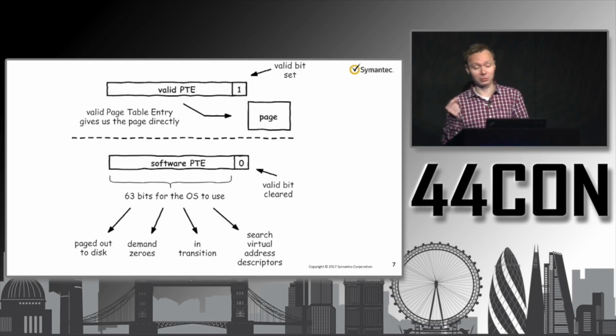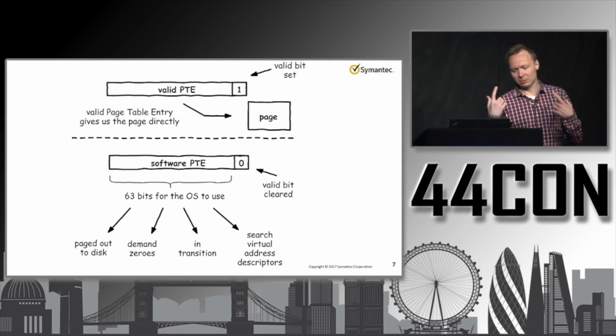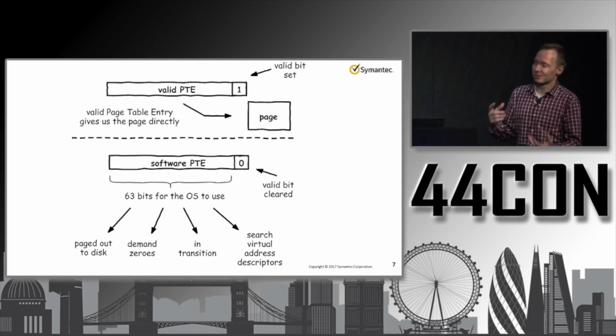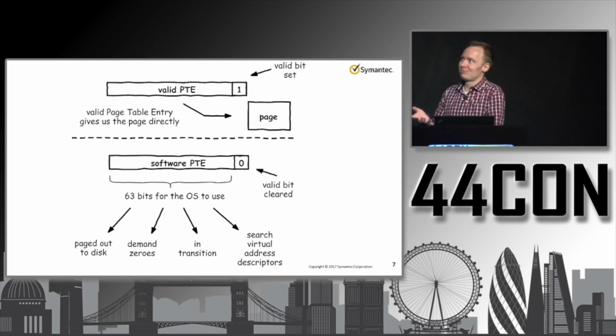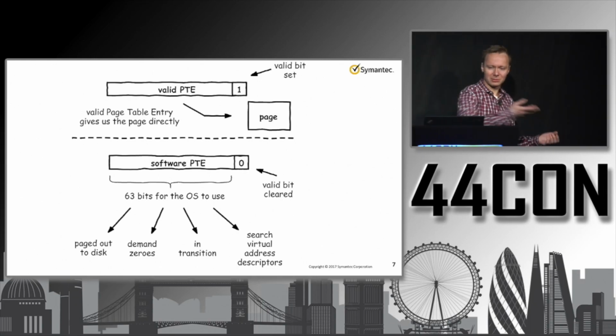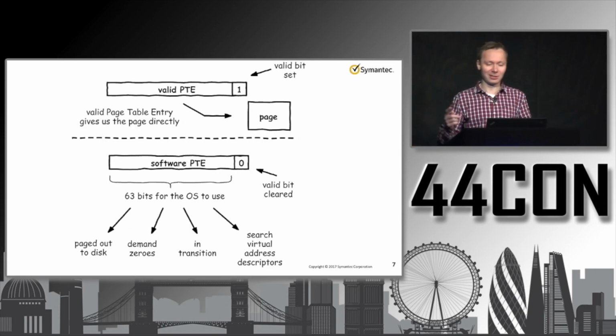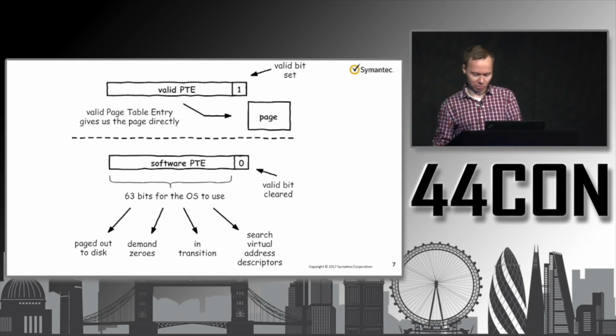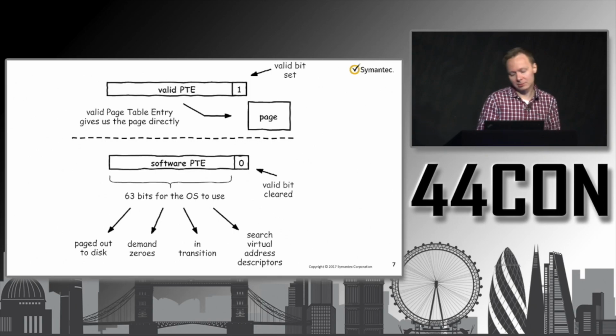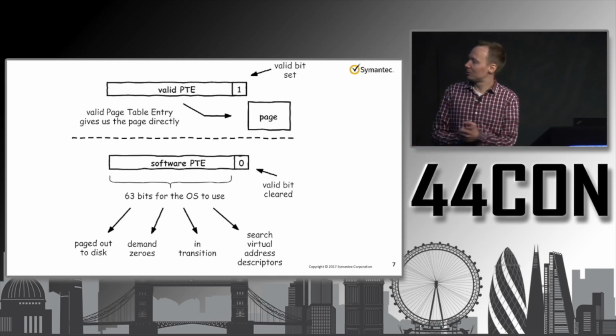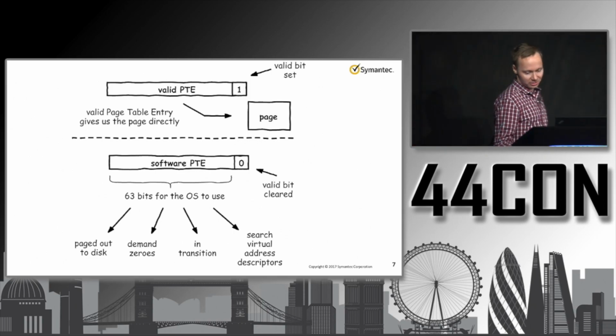It can be in transition, which is kind of weird. It's the memory manager who has noticed that some page hasn't been accessed for a while, so maybe it's somewhere in between memory and disk, but it's actually in memory and it's actually valid, so it's not a problem. And the last thing is that I don't know. You need to go and search something called the virtual address descriptors.